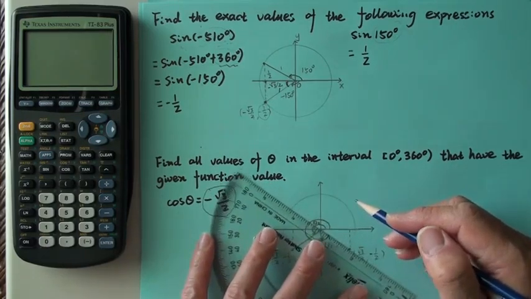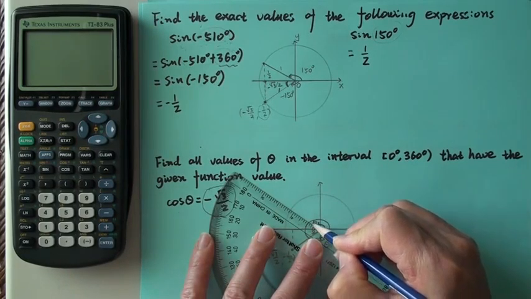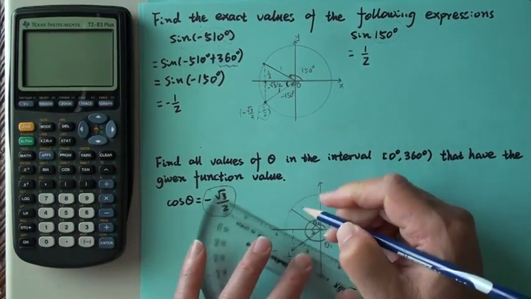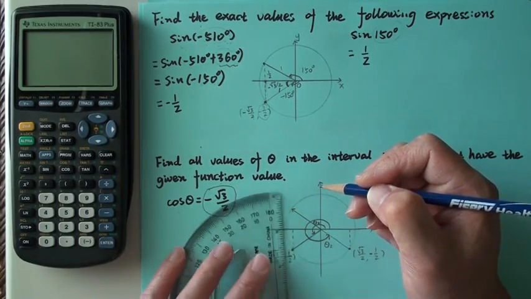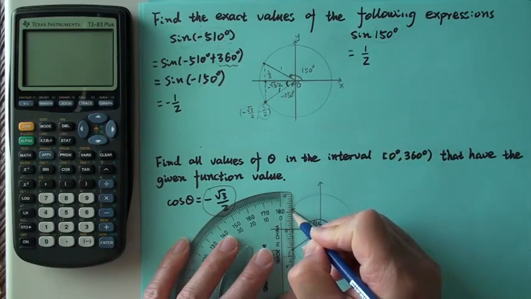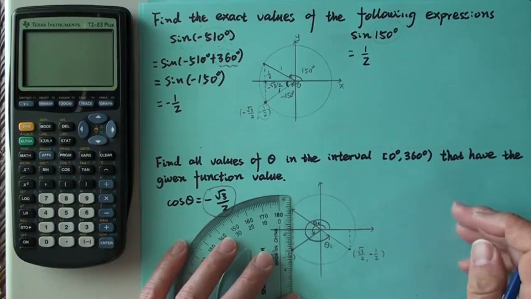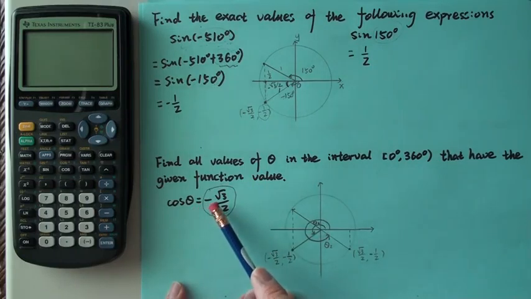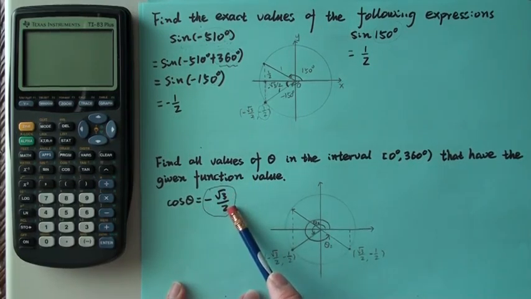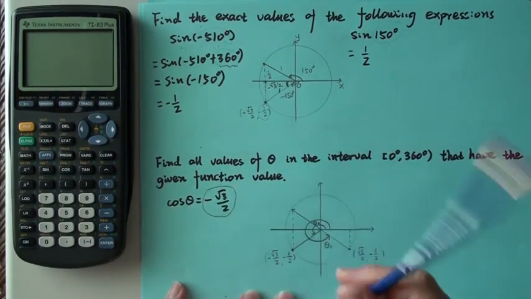So you will see cosine theta equals negative radical 3/2, and we know cosine is for x.